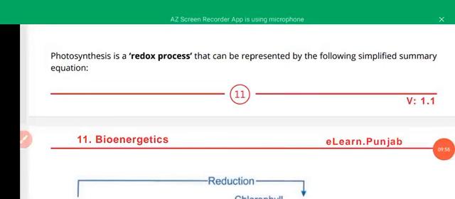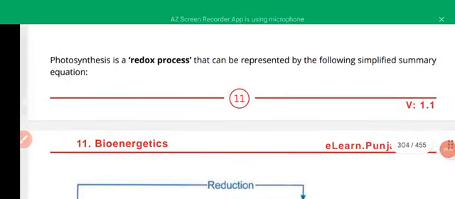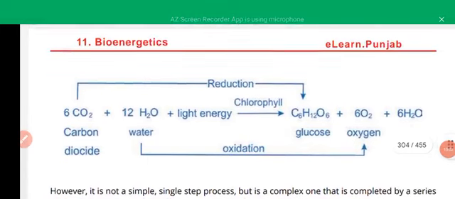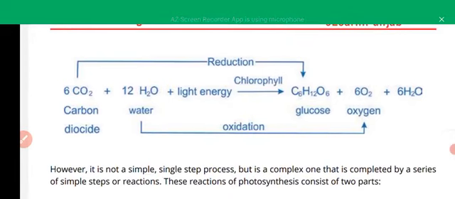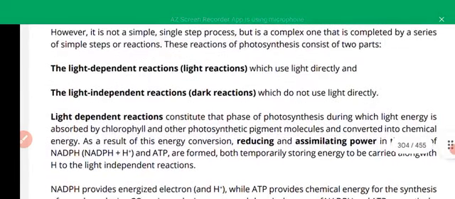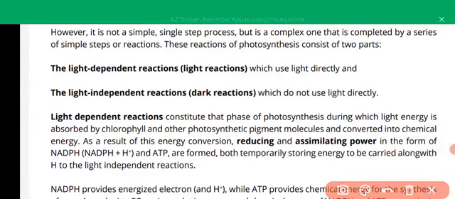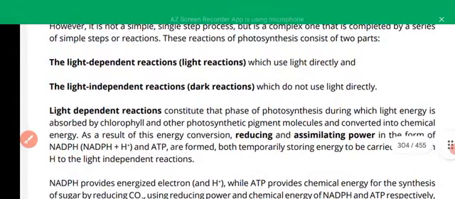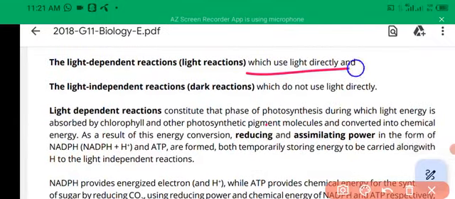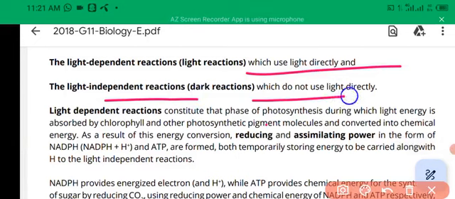As we know, photosynthesis involves oxidation and reduction reactions: carbon dioxide is reduced to glucose and water is oxidized to oxygen. But it is not a single step process; it is composed of a series of many chemical reactions in two basic categories: light dependent reactions, which use light directly, and light independent reactions, which do not use light directly.